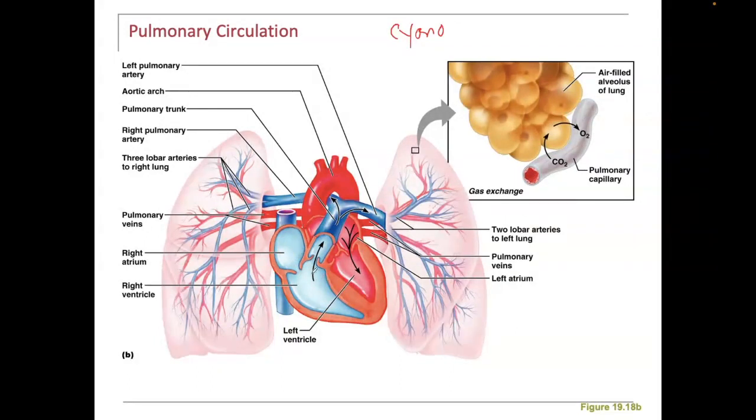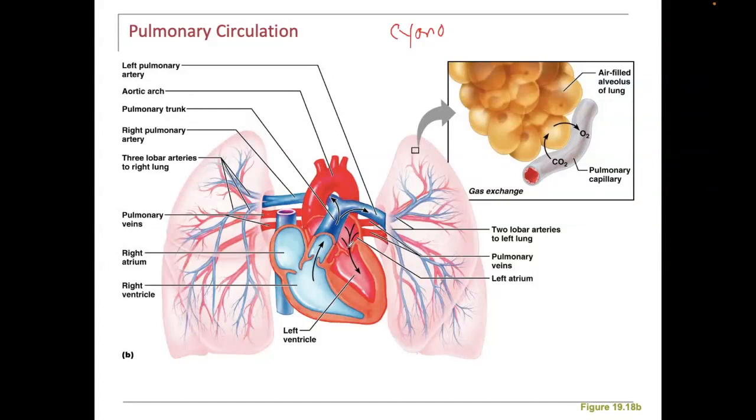So it makes sense that the right-hand side of the heart wants to pump blood into the lungs so that when you breathe air in and the air goes into the lungs, you're breathing in oxygen. The lungs transfer that oxygen to the red blood cells. It then moves that oxygenated blood into the left-hand side of the heart.